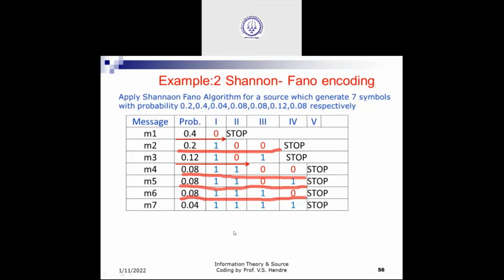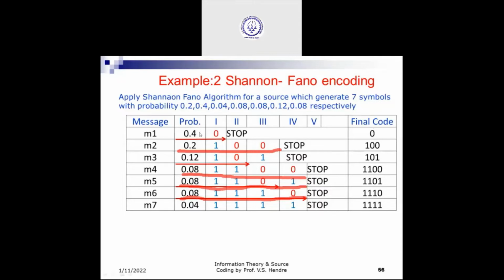probability values. Then I will get the final code, that is the code for 0.4 is 0, for M2 it is 100, M3 it is 101 and so on till M7, which has four 1s. Once again, here we prove the concept of information theory, where the highest probability value contains less information, therefore it is encoded into fewer bits.